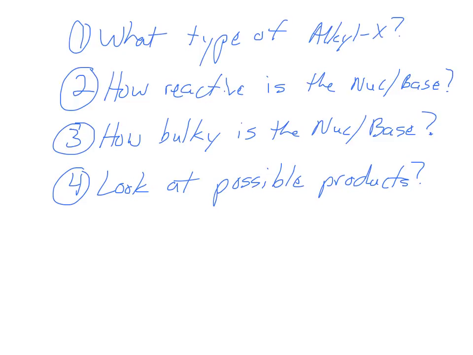Like that question we just had before, where you said E2 makes more sense because this is going to give us a conjugated product versus the SN2, which wouldn't give us a conjugated product. So if it's going to give you a really stable product, then that makes more sense. More stable, more likely. If you can get conjugation, that makes elimination seem a lot better in those cases. So I would say those are the four things. If you can get through those, you can kind of figure it out from there, I think.